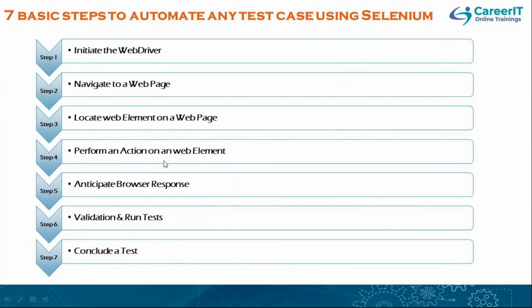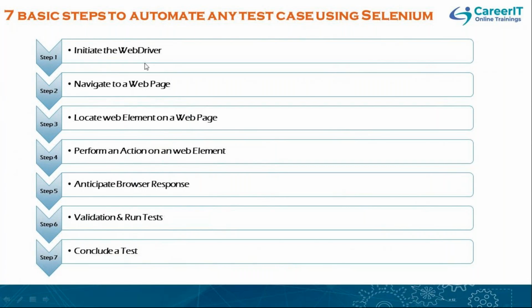After clicking a button, it may take some time to show something else, so you need to provide a script to wait. Sixth, you validate and execute, and finally you close the test or your web driver. So these are the seven basic steps, guys.